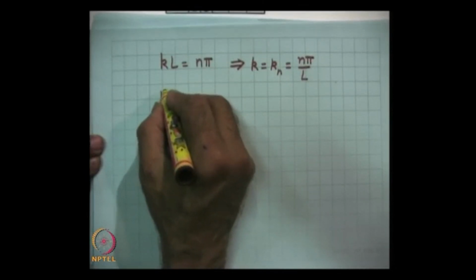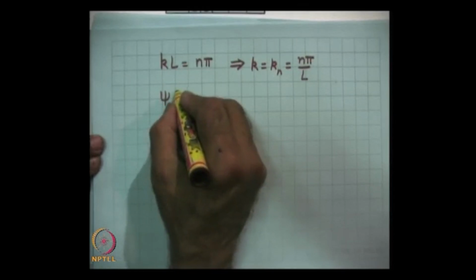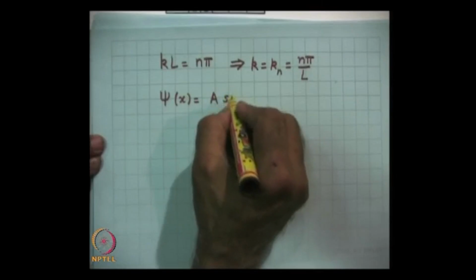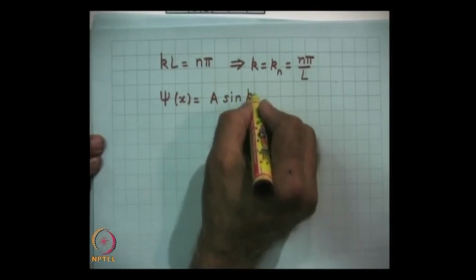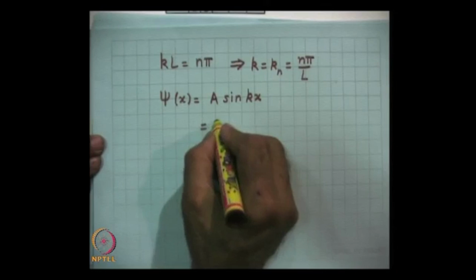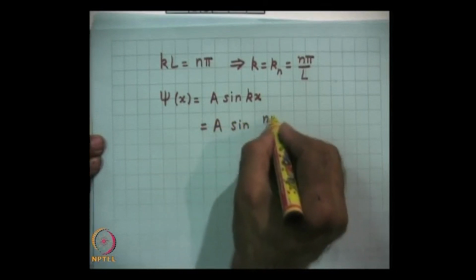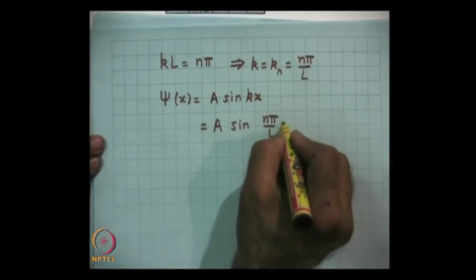The wave function psi of x, we had shown that this was equal to a sin k x. So, this will be equal to a sin of n pi by L into x.